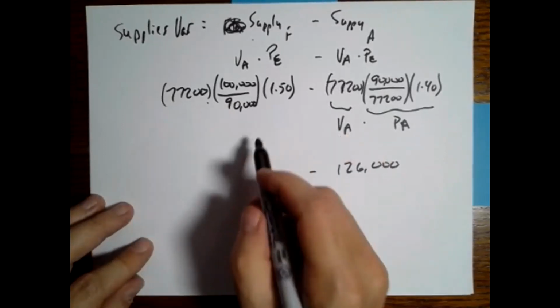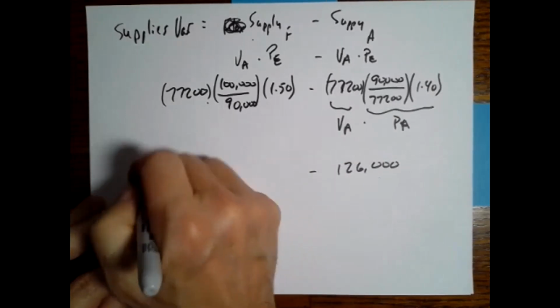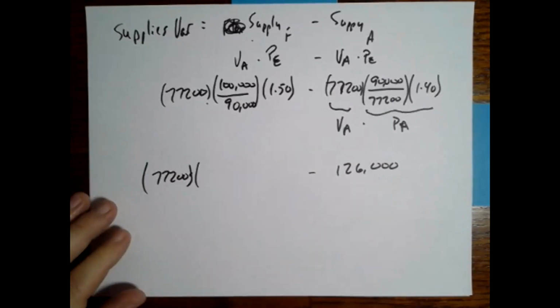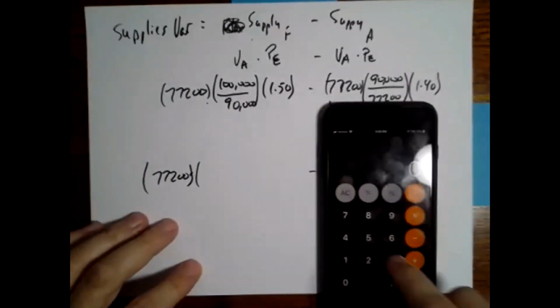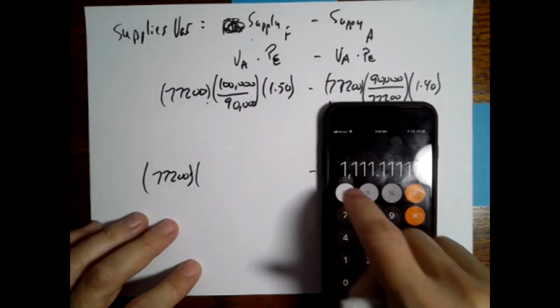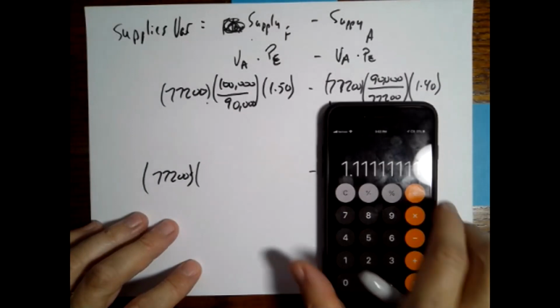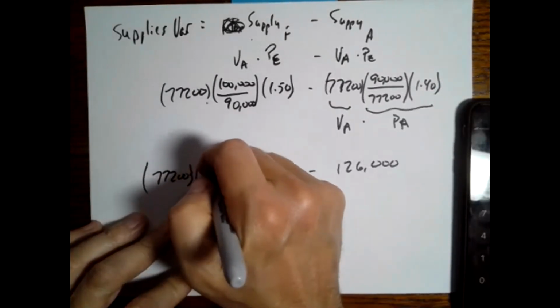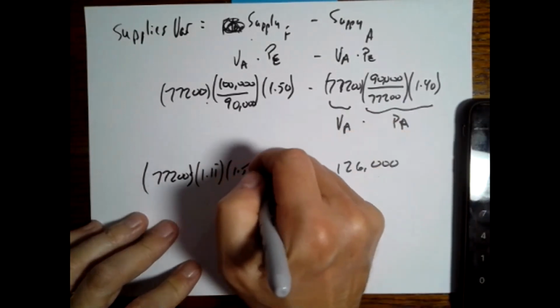Over here, we do have to calculate. So we have 77,200 times 100,000 over 90. So 100,000 divided by 90, but not 100,000 divided by 90,000, is 1.11 repeating, times 150.